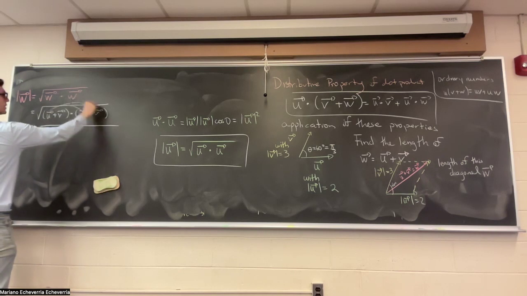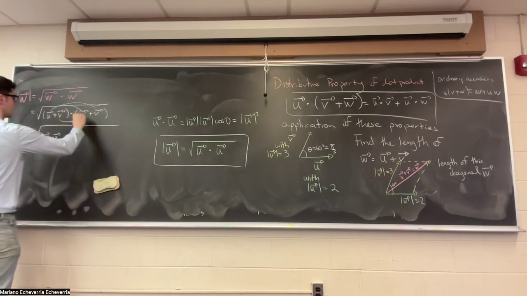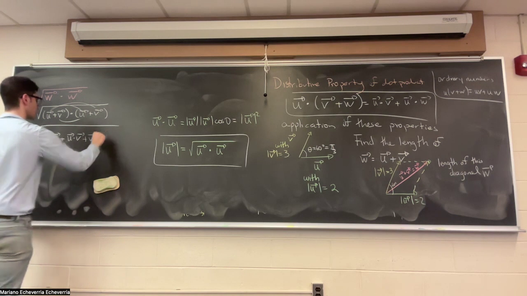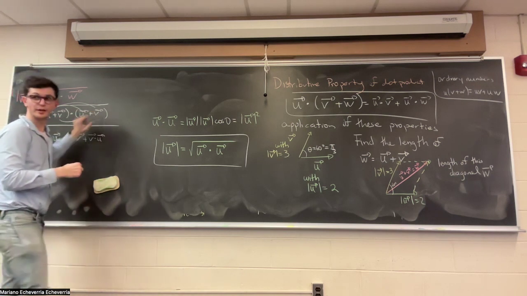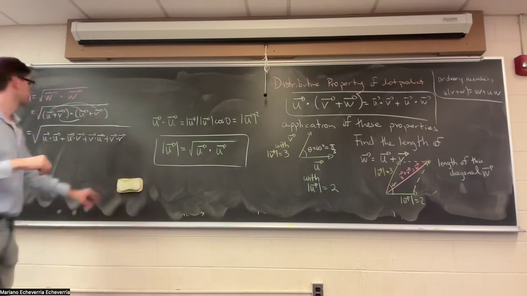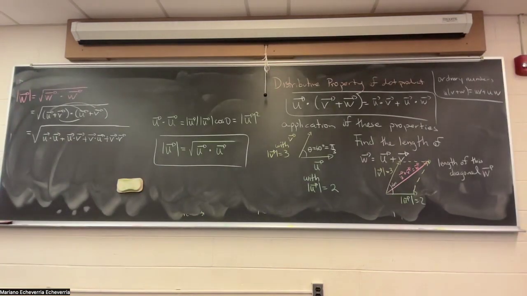This one with this one, you get u dot v. This one with this one, you get v dot u. And then this one with this one, you get v dot v. So you get four things, right? Does that make sense?